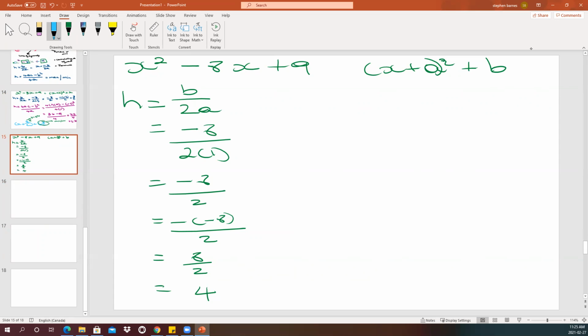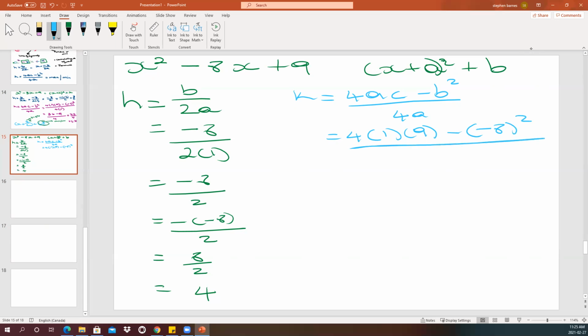The formula for that is 4ac minus b squared all over 4a. 4 times a is 1, times c is 9: 4ac minus b, which is negative 8 squared, all over 4 times a, in this case 1. 4 times 1 is 4, times 9 gives you 36, minus negative 8 times negative 8 is 64, all over 4. 36 minus 64 should give you negative something.